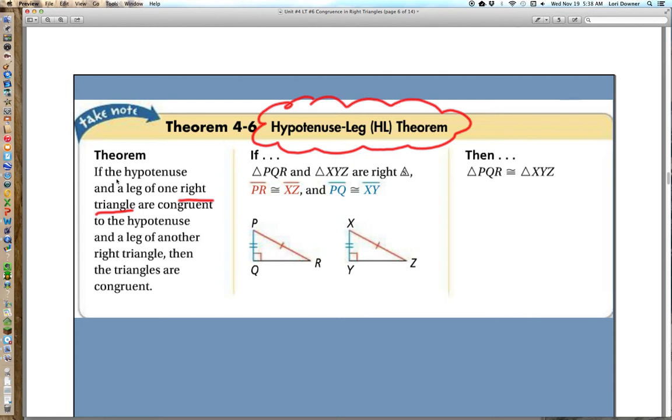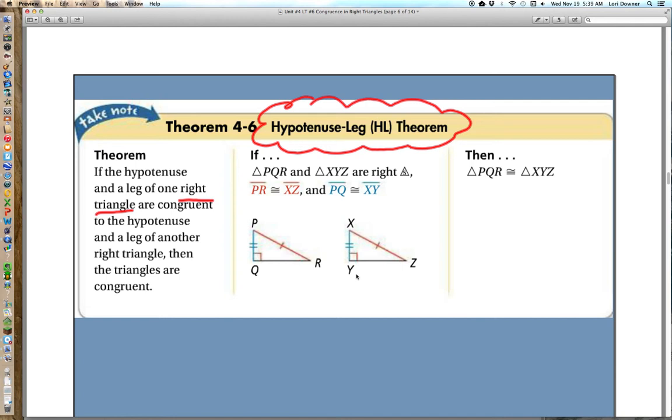It says, if the hypotenuse and a leg of one right triangle are congruent to another right triangle's hypotenuse and leg, then we can say the triangles are congruent. This, as you can see, is angle side side. And we know that ASS is not a way to prove triangles congruent.